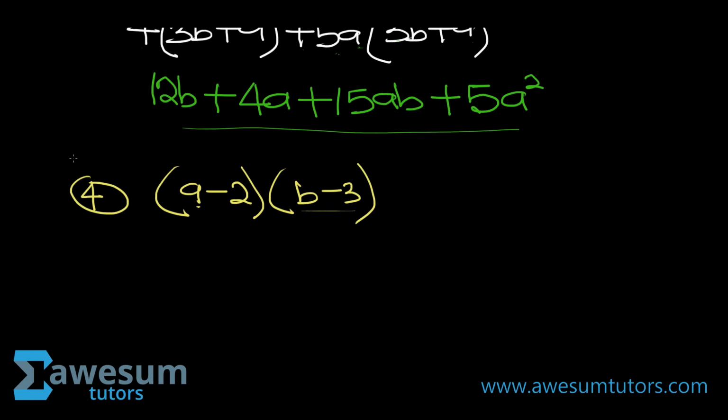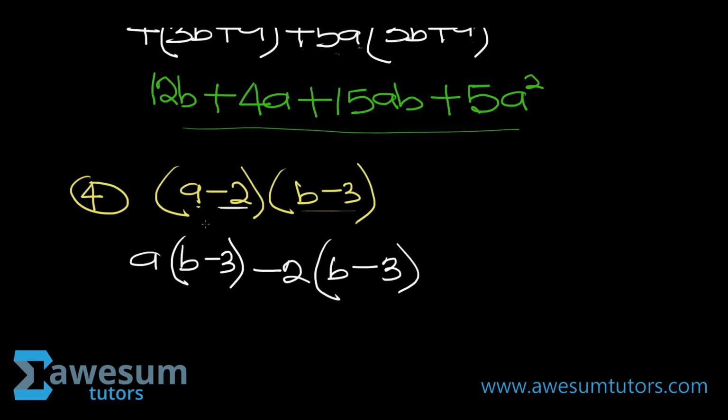So you're going to have a bracket b minus 3. Then what do you have here? Minus 2. I'm going to write it out, negative 2 right here, bracket b minus 3, because negative 2 also is going to multiply this b minus 3.